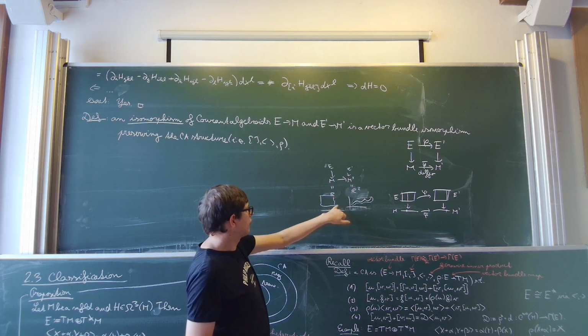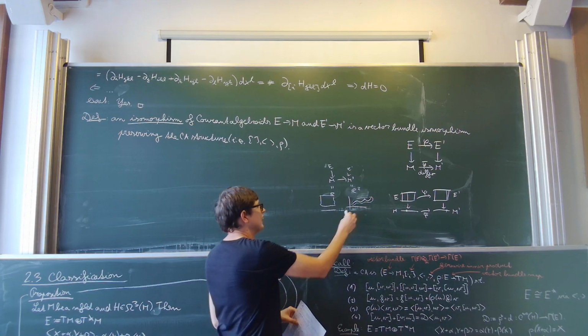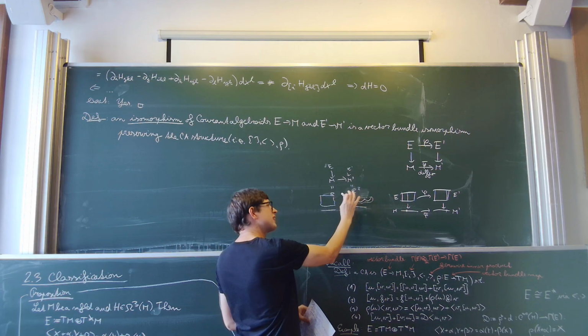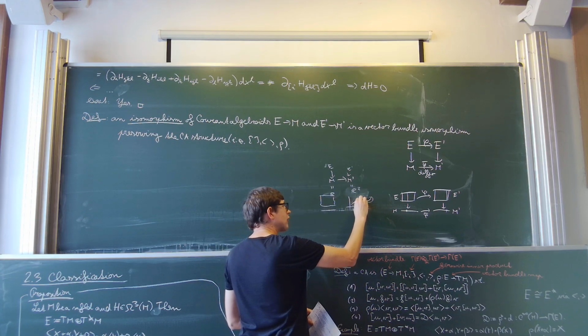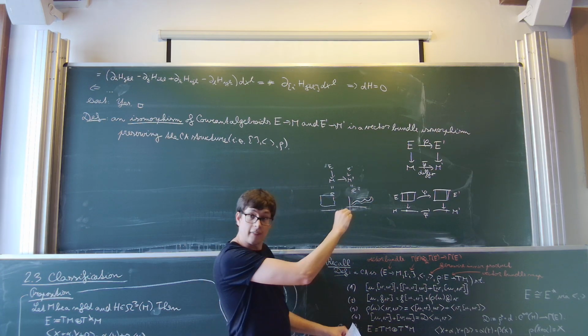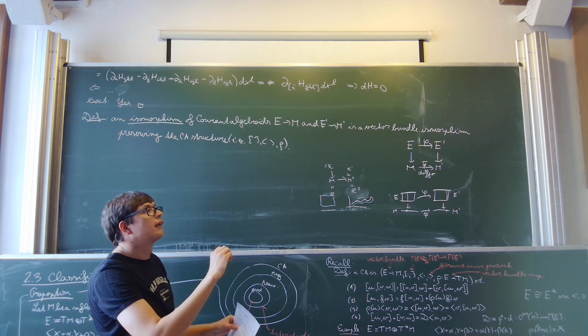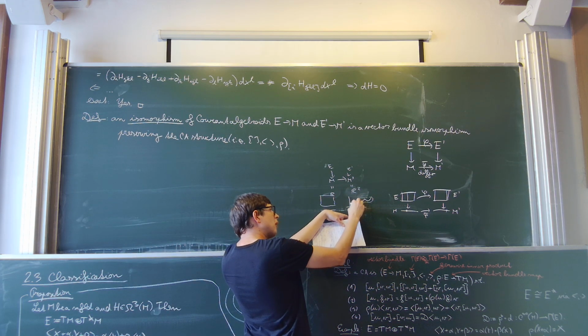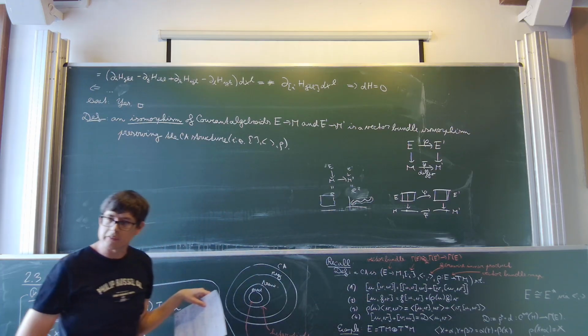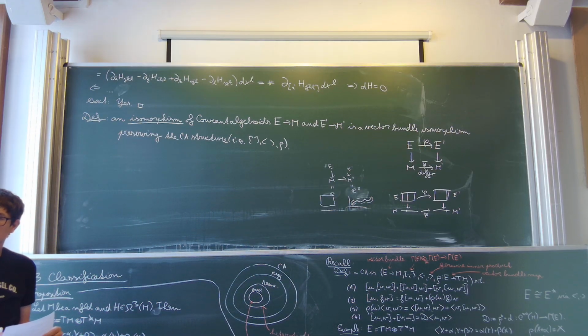If you have a general section over this guy and pull it back, then this will only see how the section looks above this line. But to calculate the bracket on this side, you will need to know how it behaves in a neighborhood around it because of the derivatives. Does that make sense? Yeah, but then is there some kind of generalization of this definition which takes into account, let's say, this first order neighborhood?